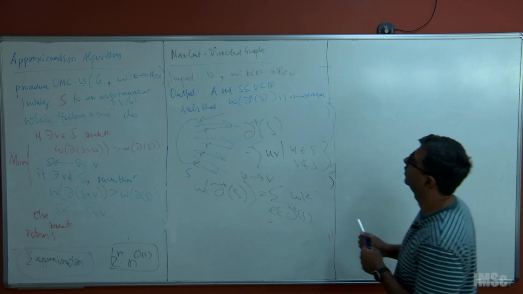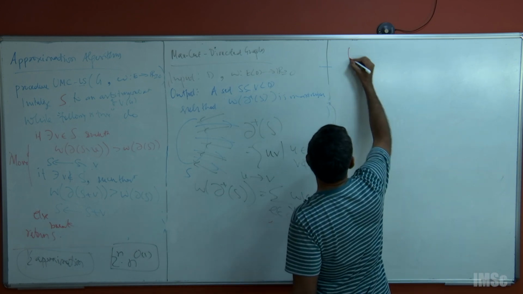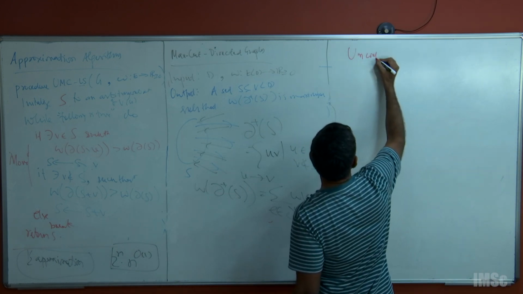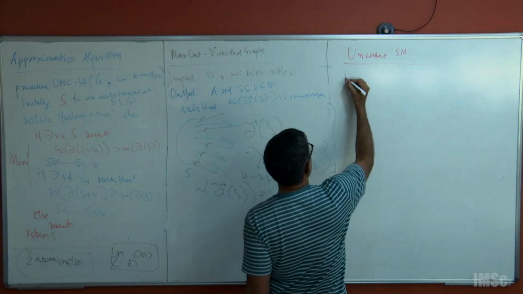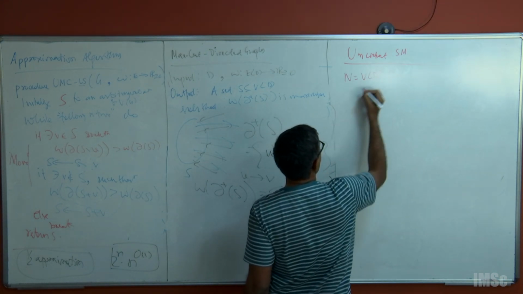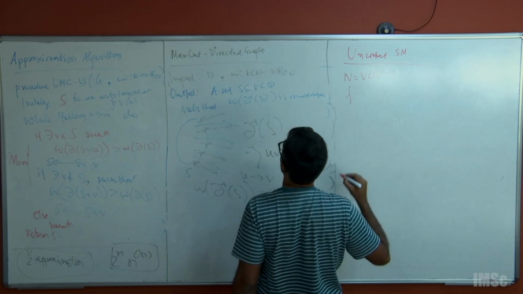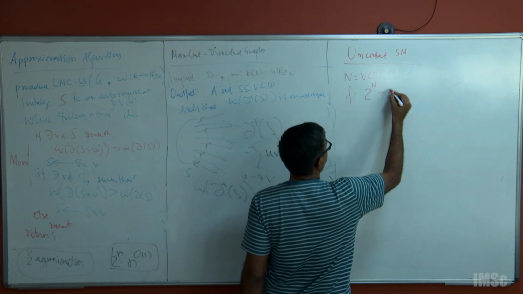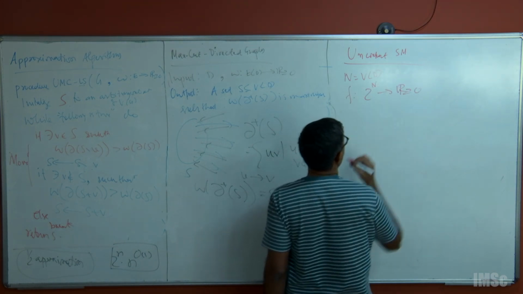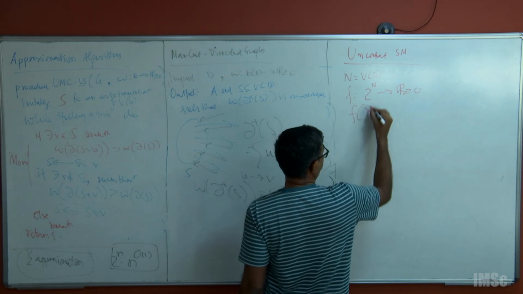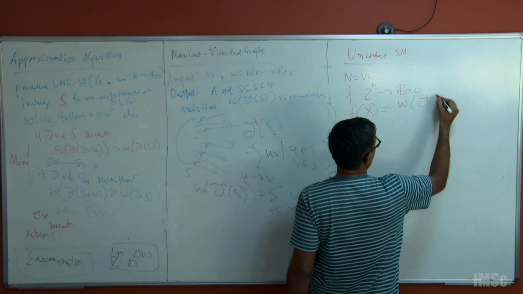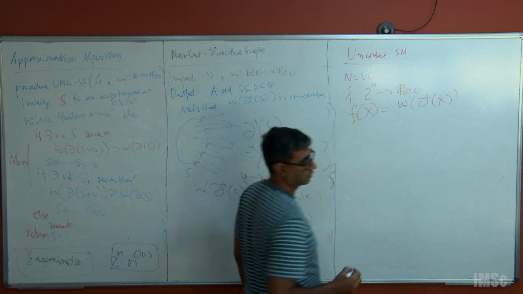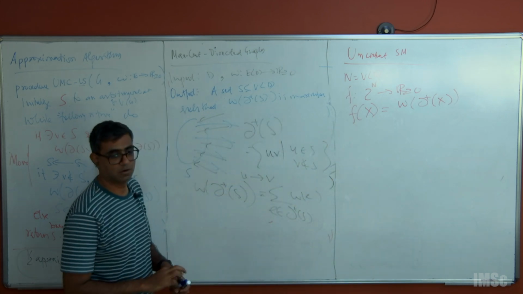Yes, you are saying that I can still write unconstrained submodular maximization. What is my N? N will be the vertex set of D. What is my function f from 2 to the power N to R greater than or equal to 0? F of X is nothing but the weight of delta plus of X. Show this is submodular.